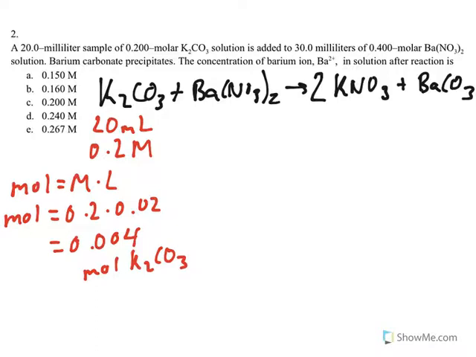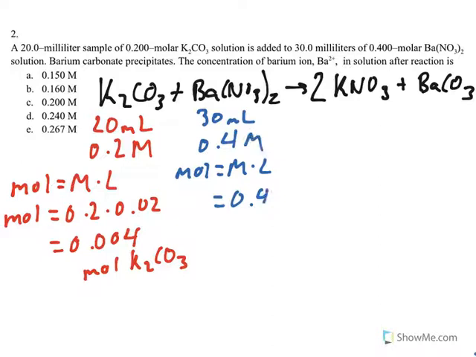On the other solution, we have barium nitrate, and we have 30 milliliters of a 0.4 molar. So again, moles equals molarity times liters. So your molarity of 0.4 times a volume of 0.03 liters.